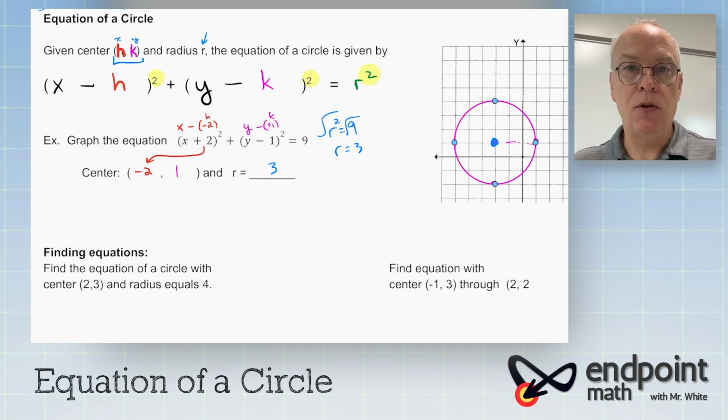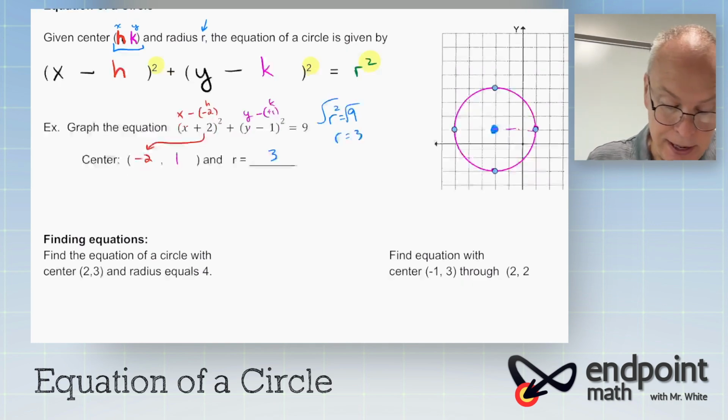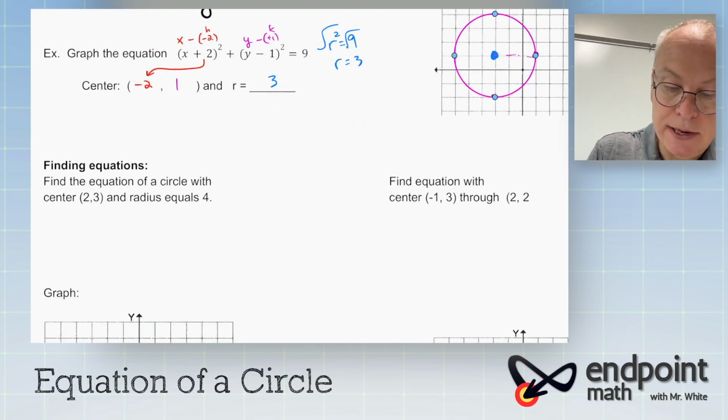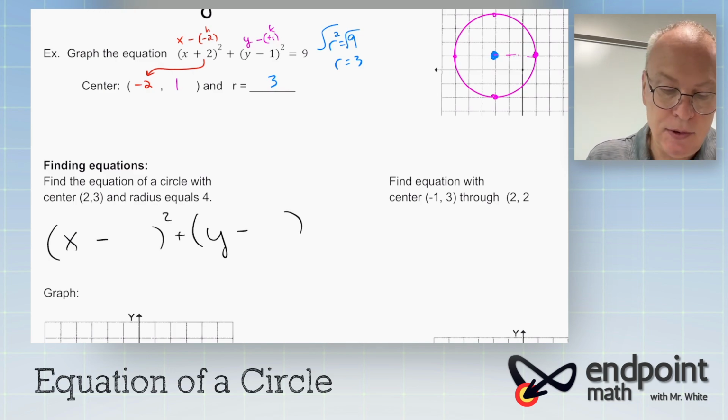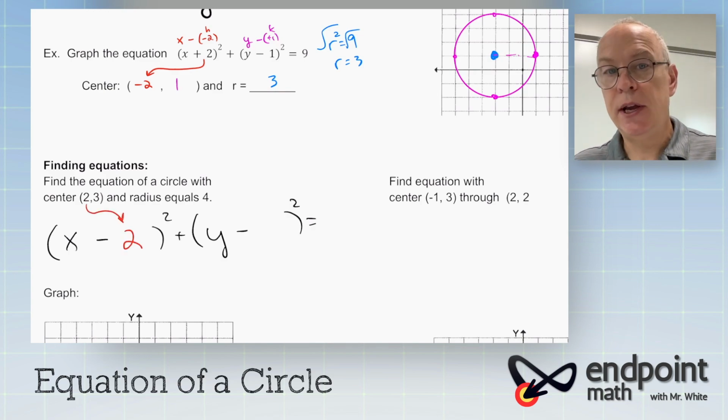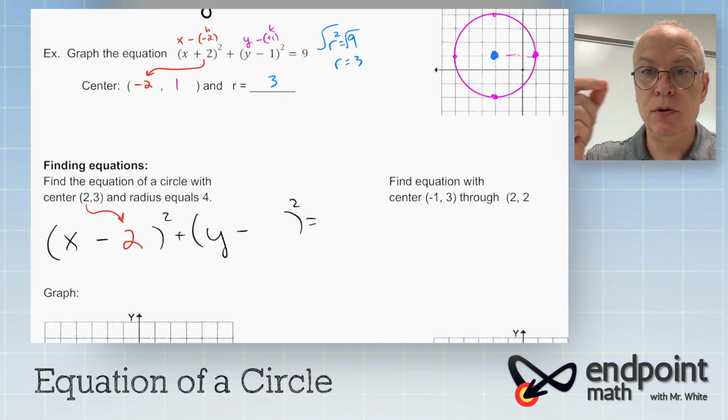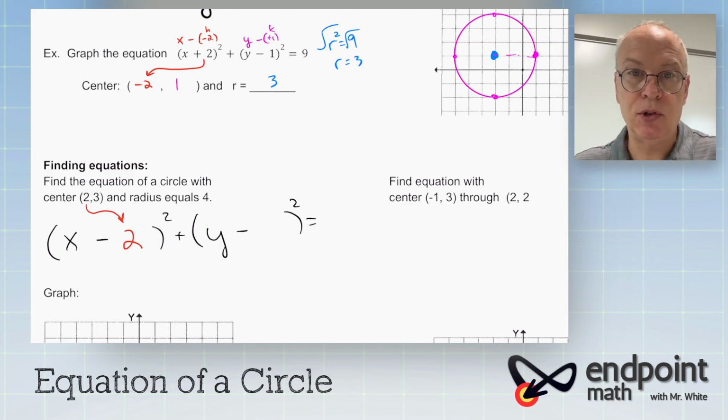How do we find equations? We plug in. We just harvested the information out so that we could get that graph. We're going to now plug in. So let's write down our standard form here: (x minus _) squared plus (y minus _) squared equals r squared. So I'm going to plug the 2 in here. Remember, we changed the sign, so it was positive 2, so that's why I now see x minus 2.